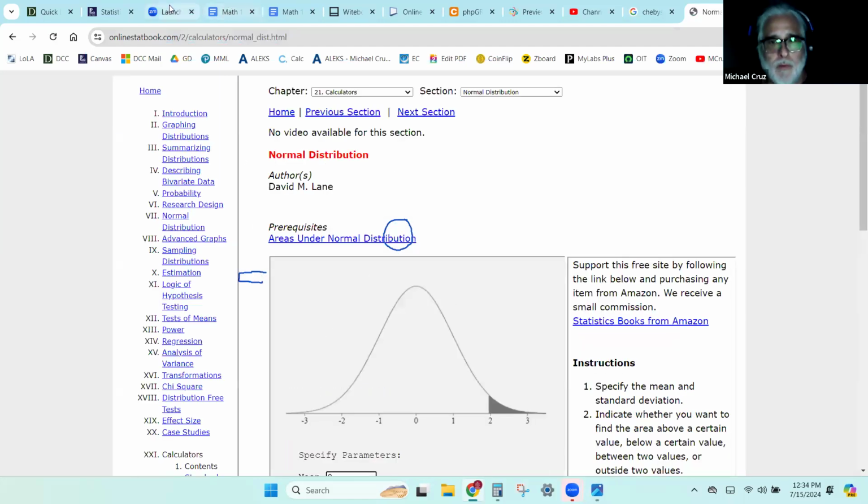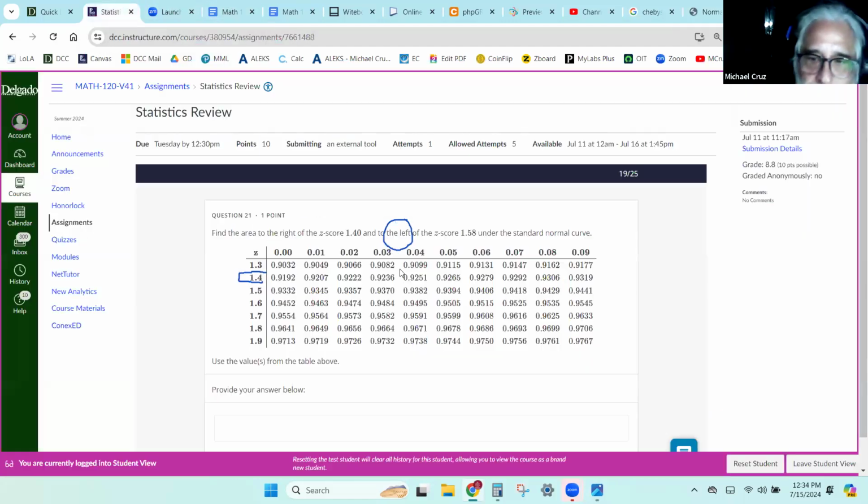Because what I read first, I just saw to the left, but I didn't see this part over here to the right. So there are two z-scores.